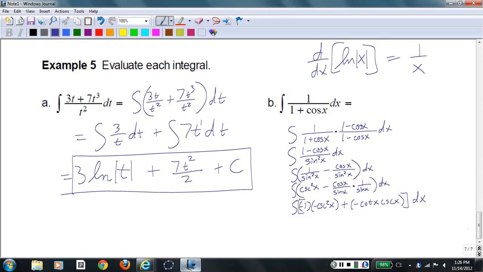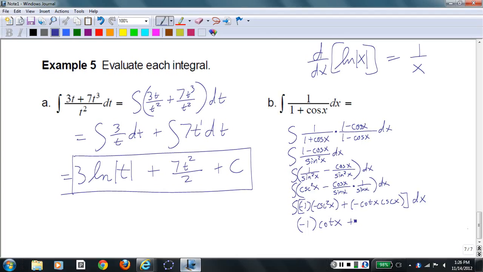What can you take the derivative of and get negative cosecant squared x? Oh, cotangent or negative cotangent. So it's going to be negative cotangent x. Oh, to get the negative cosecant squared? Yes, so just plain old cotangent x.